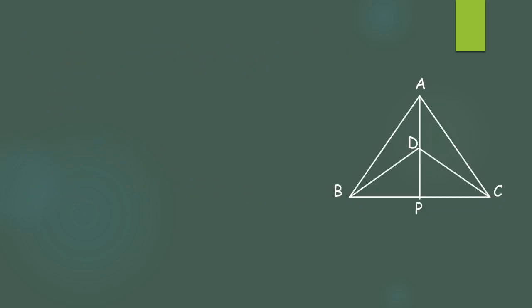Now to prove this, first, for the first proof, we'll consider triangles ABD and ACD. We have to prove these two triangles congruent. To prove two triangles congruent, we know that we require three elements. Which are the three elements?